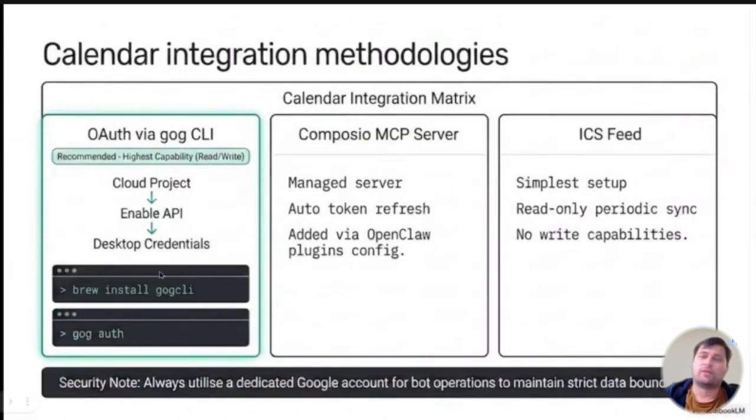To connect with Google, I think it's simple. If you are on Mac, you just install the Google CLI and run Google Auth, which authorizes you and redirects you to Google. You allow the services you want. In my case it was Google Calendar, and I gave it access to my email, so if someone sends something, it can check it.